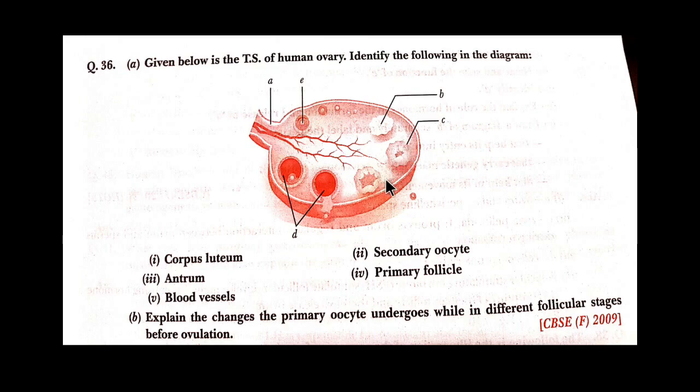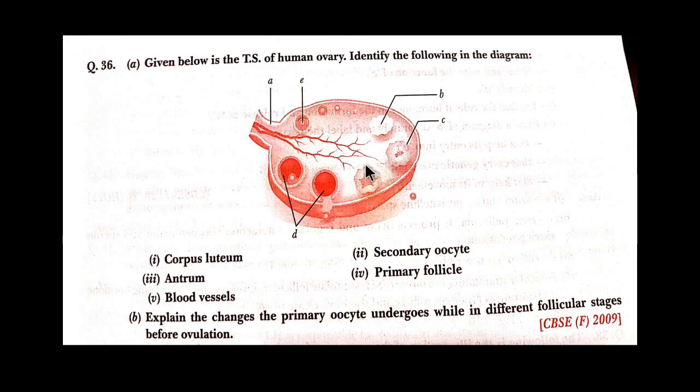In that Graafian follicle, the secondary oocyte is present. Though it is not labeled in the diagram, what you will write is: secondary oocyte in Graafian follicle. So C is the Graafian follicle, and you will write C, secondary oocyte in Graafian follicle.